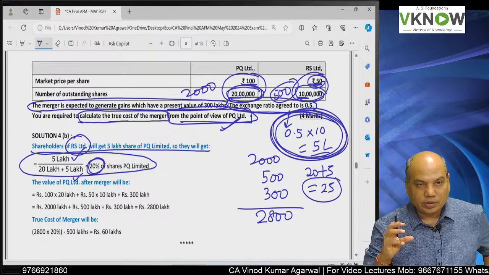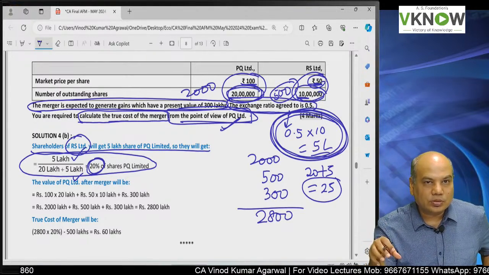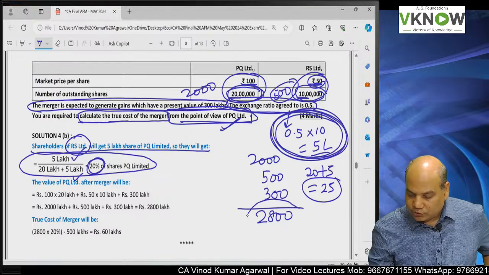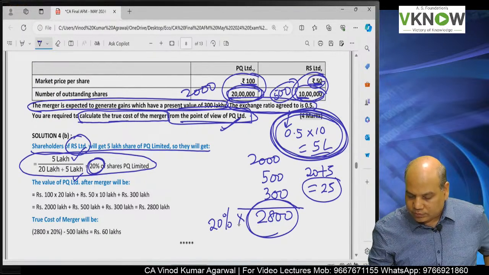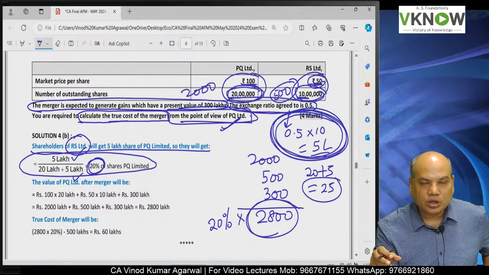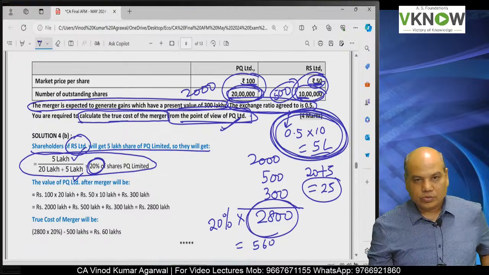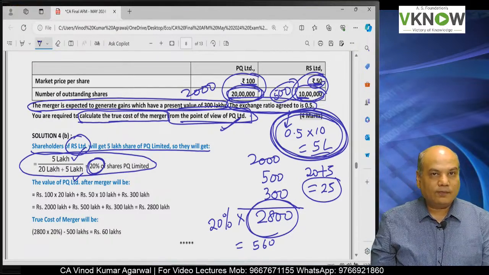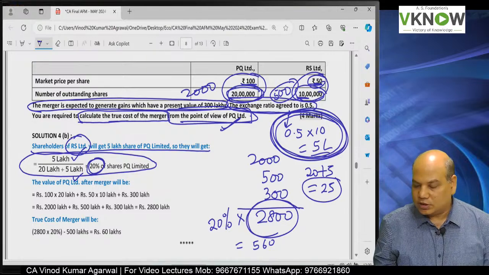PQ Limited is giving 20% stake in the merged company to the shareholders of RS. This is my total valuation after merger, and we are giving 20% of that to the target company. So target company gets shares worth 560.